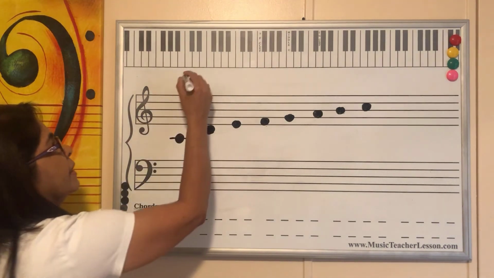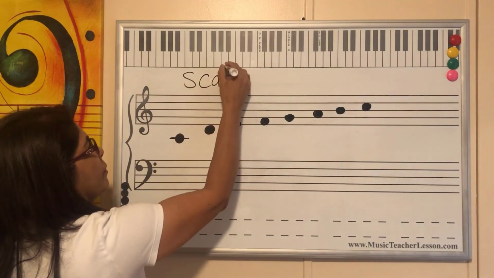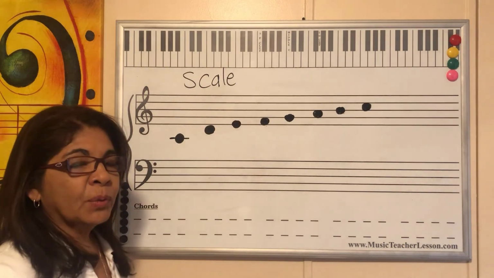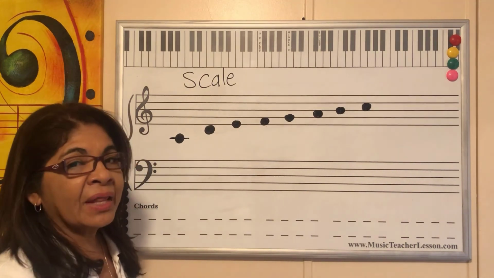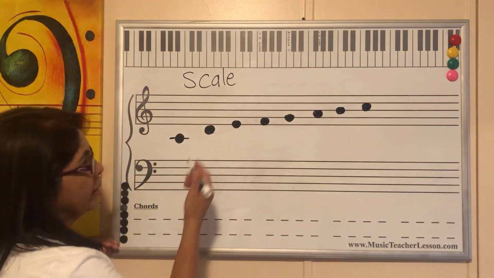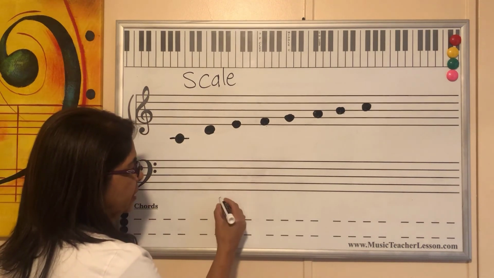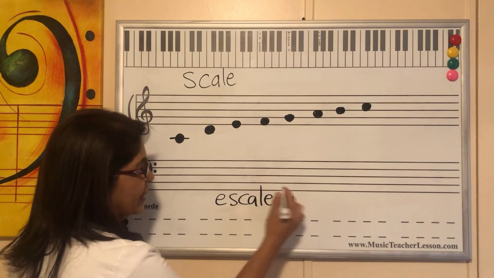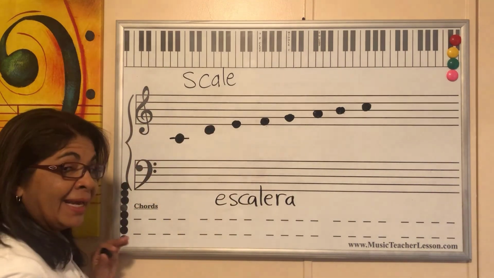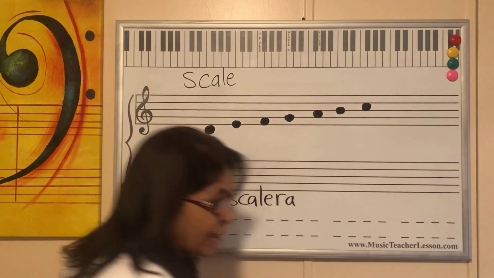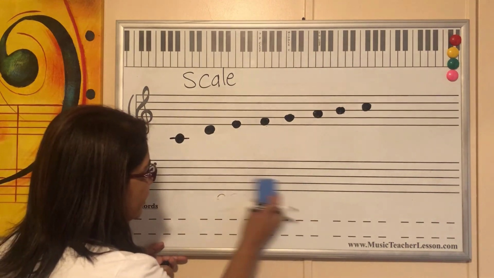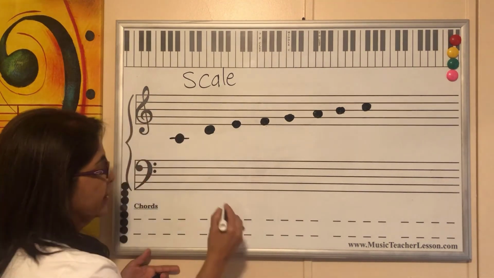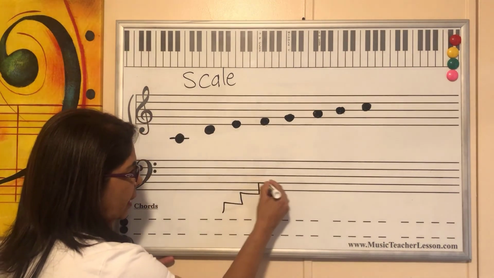The word scale comes from a Latin word that means ladder. If you know Spanish, some of you speak Spanish, you understand that scale is escalera. So it gives you an idea, okay? Let's say this is the ladder, right?